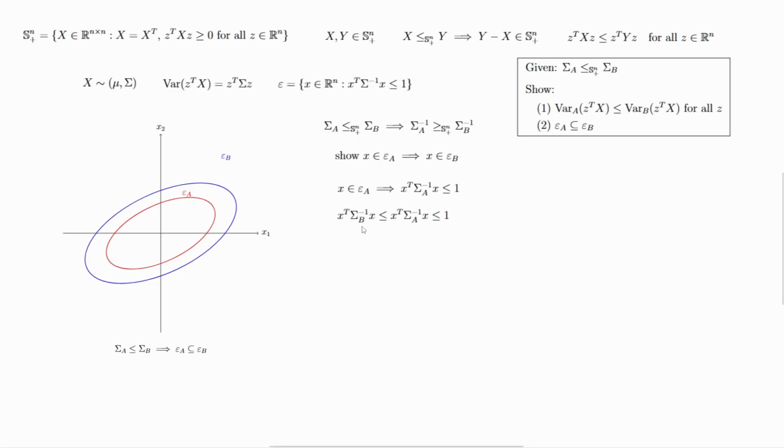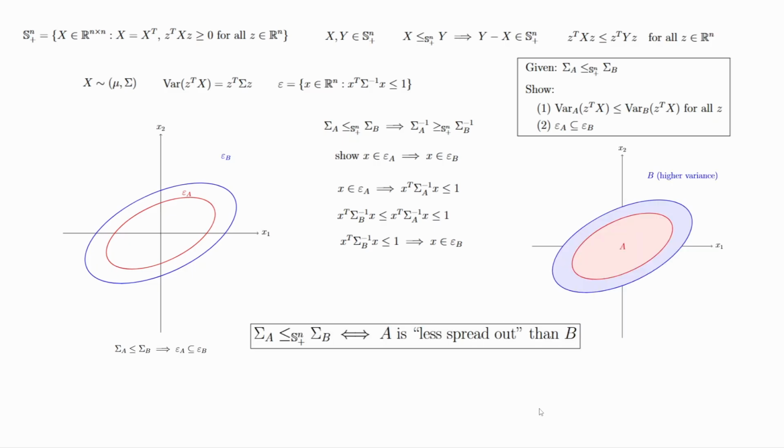But notice the structure here. This is the equation for the ellipse of B. And since this is also less than or equal to 1, x must be in the ellipse of B as well. So since we've shown that any vector x from ellipsoid A also exists in ellipsoid B, we have shown that ellipsoid A is a subset of ellipsoid B.